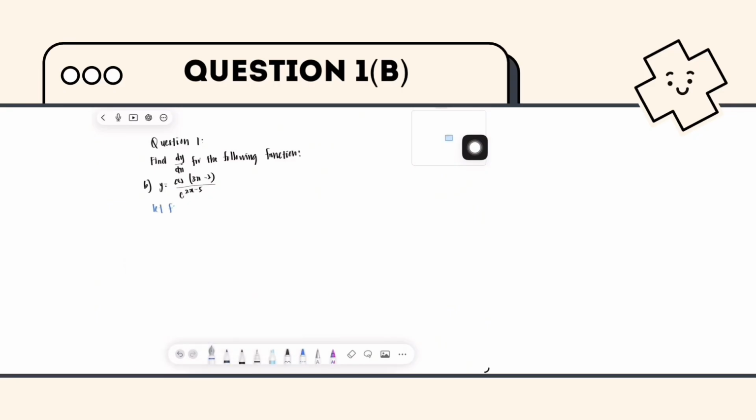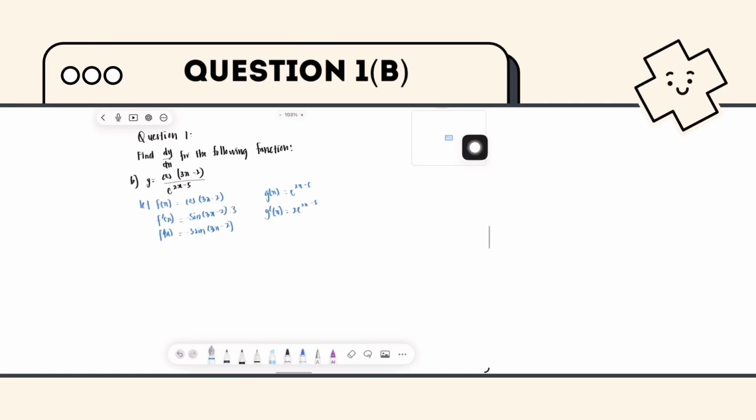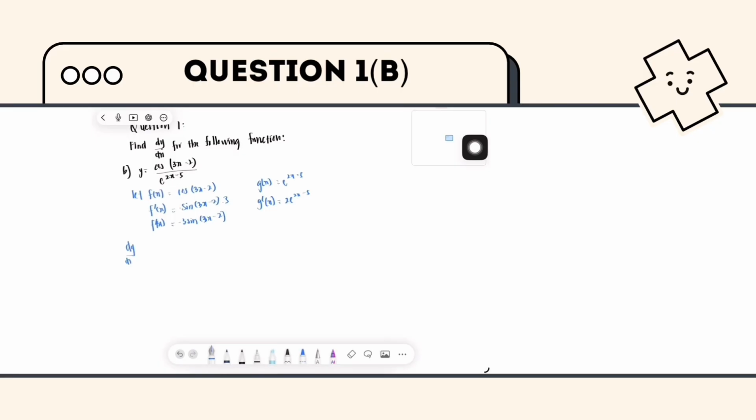So first, we have to differentiate the numerator and the denominator. And then we plug into the quotient rule formula.